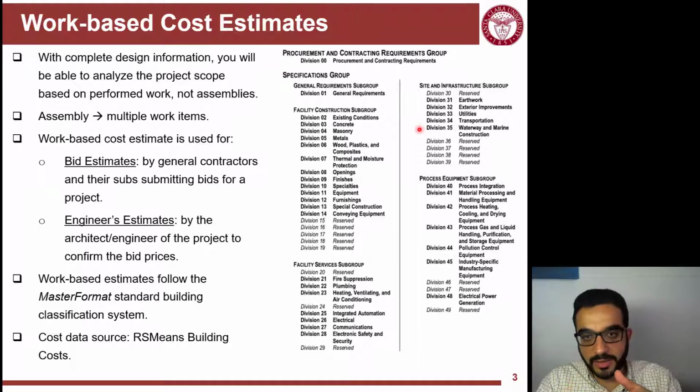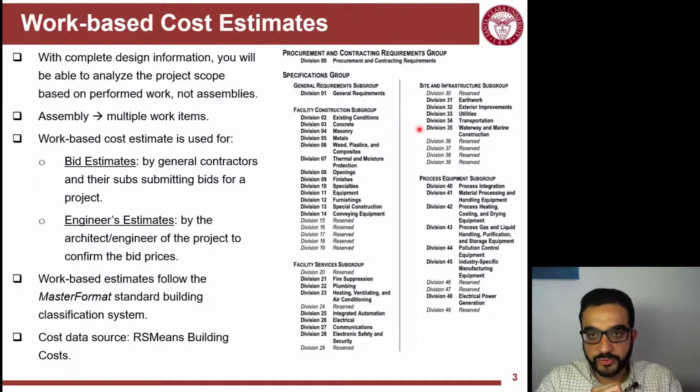You're thinking about bidding, what subcontractors will be involved, and you don't perform the cost estimate all by yourself. You get subcontractor quotes into your bid. So it's more friendly to do a detailed cost estimate for the sake of construction following a work-based estimating approach.